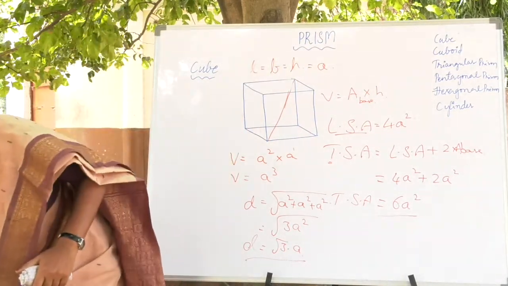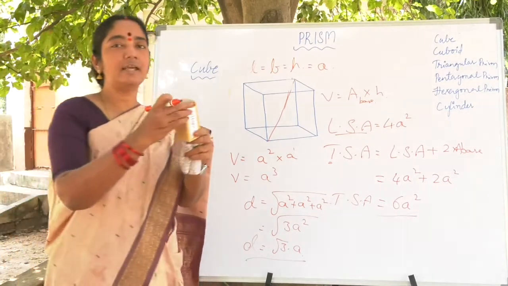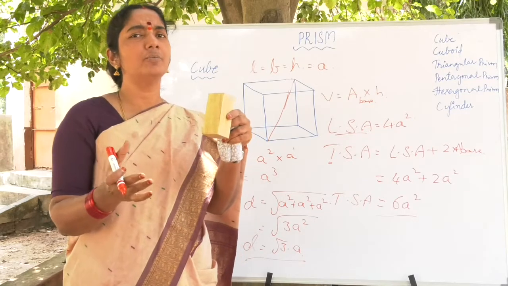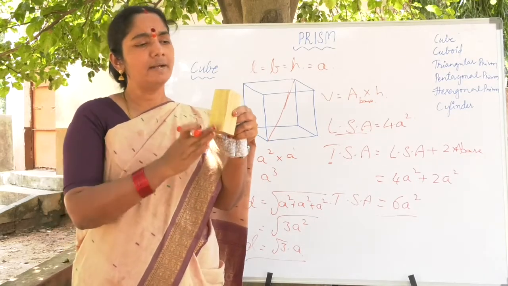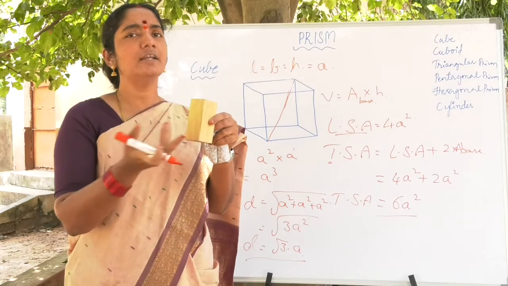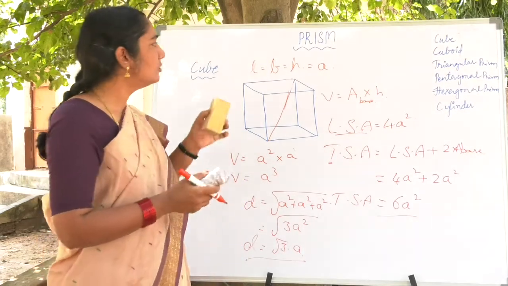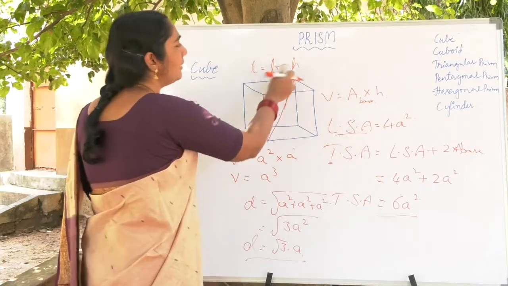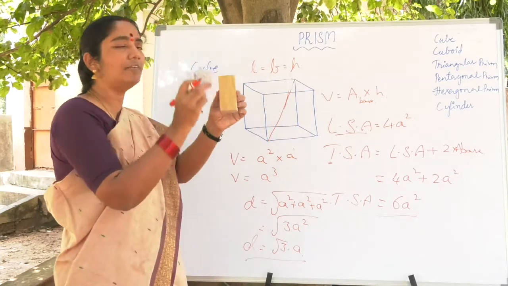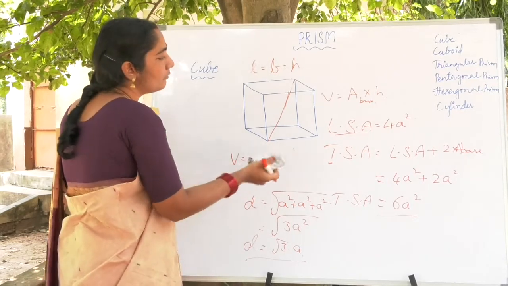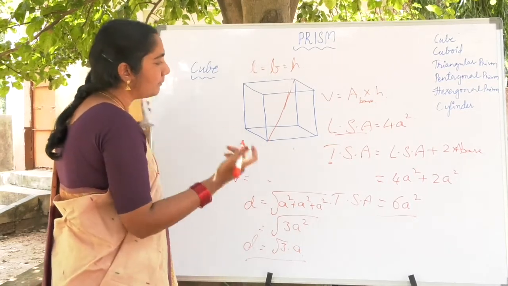Now we are seeing a cuboid. This is an example of a cuboid. See, cuboid is nothing but similar to that of a cube. Cube and cuboid both are the same, but the only thing is the dimensions are not the same. Length and breadth and height are different. That's all. So even in the case of a cuboid, L into B into H are all different. So in that case, what is the volume?